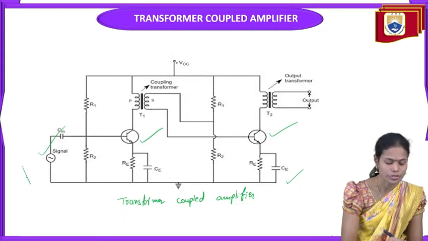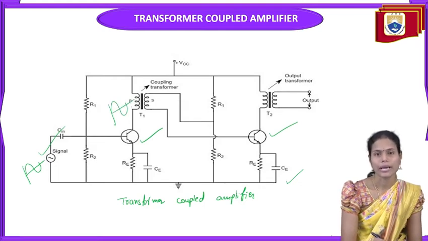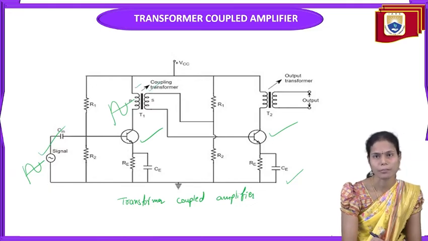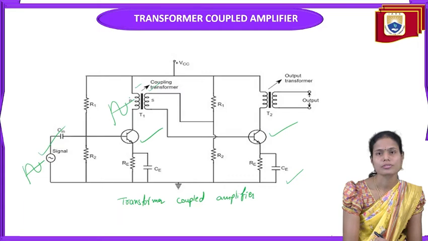The applied input signal will be amplified and appear across the collector, or primary winding of the transformer, of the first stage. Due to the mutual inductance between the primary and secondary windings of the transformer, the same signal passes to the secondary winding.